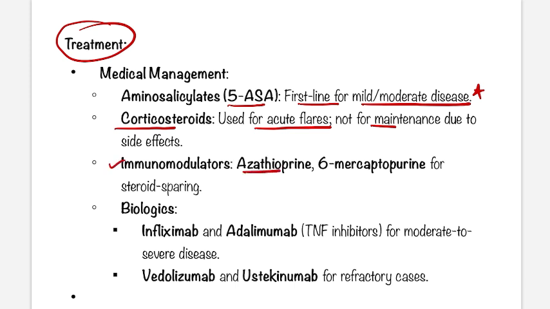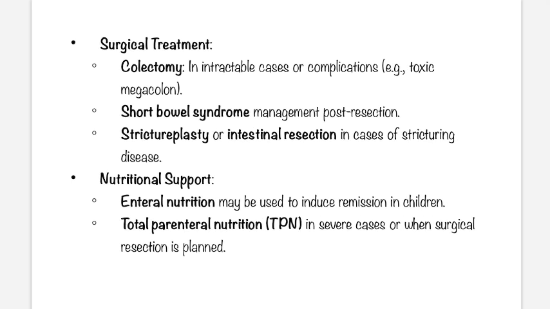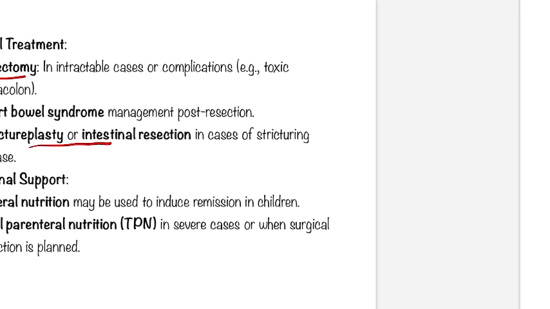Immunomodulators like azathioprine, 6-mercaptopurine, and vedolizumab and ustekinumab are for refractory cases, same as ulcerative colitis. Infliximab and adalimumab are used. Surgical treatment, yes. Colectomy is the option for intractable cases and complications. Short bowel syndrome management, strictureplasty. Nutrition support we have to give.